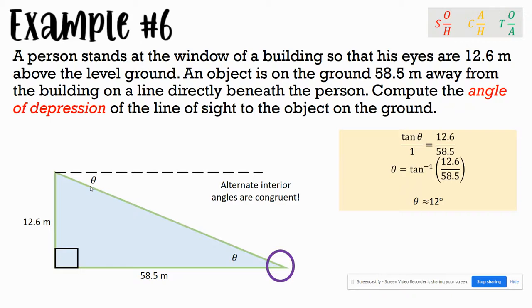Another way that people solve it is they'll extend this out and make a right triangle here, and label this side as 58.5 and this side as 12.6. So that's another way that you could set it up. I am going to find this angle right here because I know it's going to be congruent to that alternate interior angle.